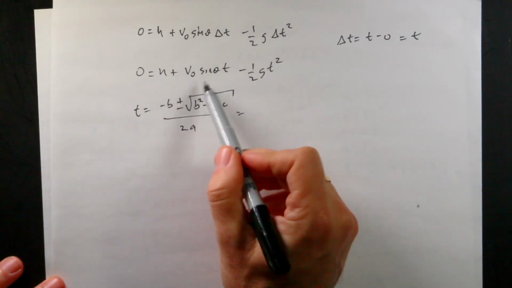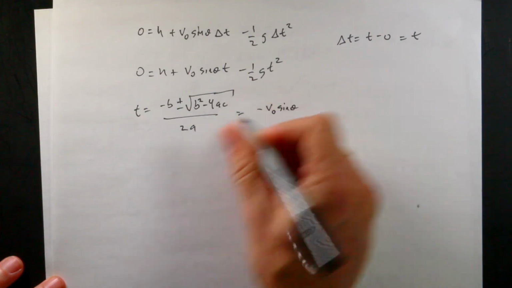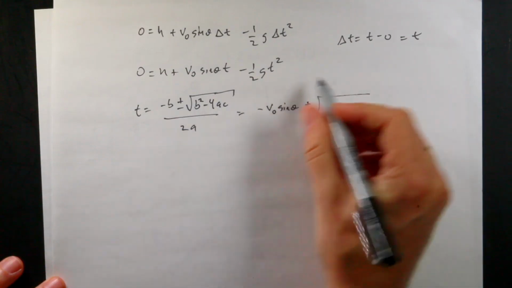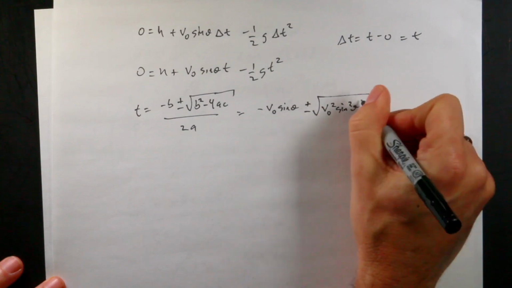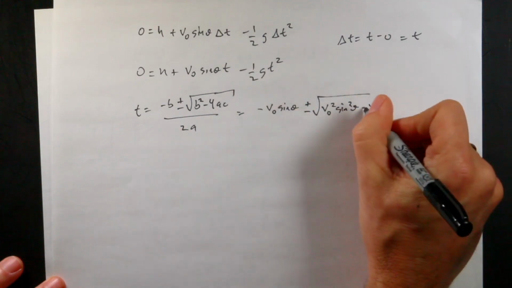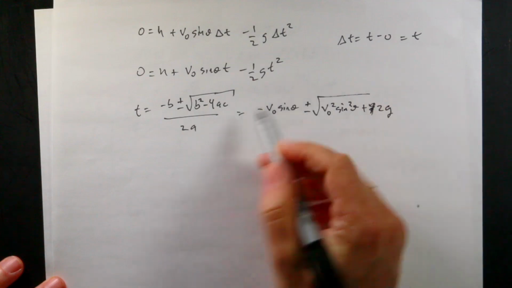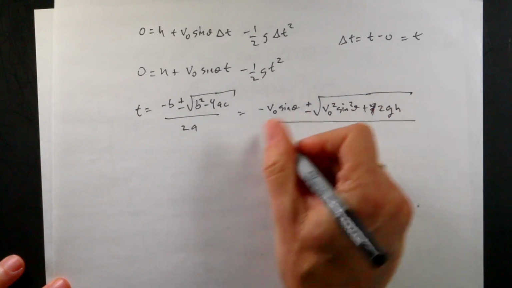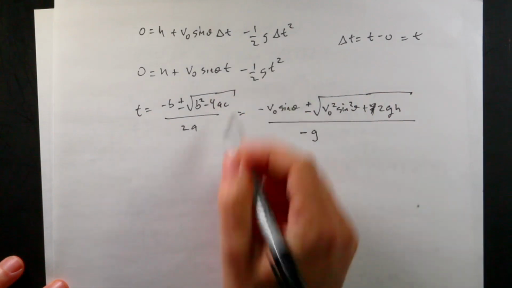So negative b is going to be negative v0 sine theta, plus or minus the square root of b squared, v0 squared sine squared theta, minus 4 times a, so it's going to be plus 2g, c is h, all of that divided by 2a, which is negative g, because I multiplied it by 2.